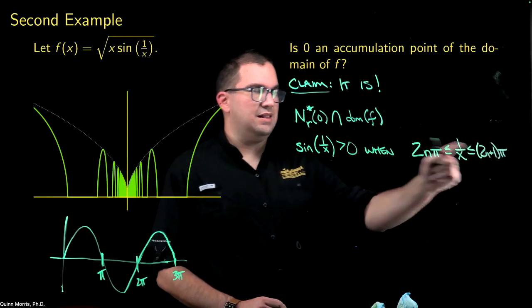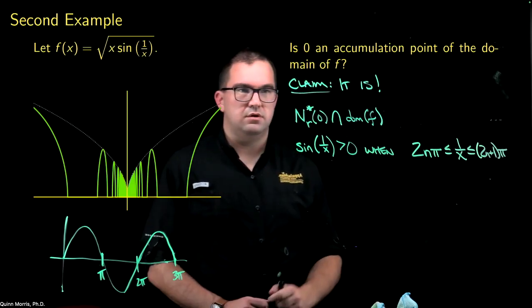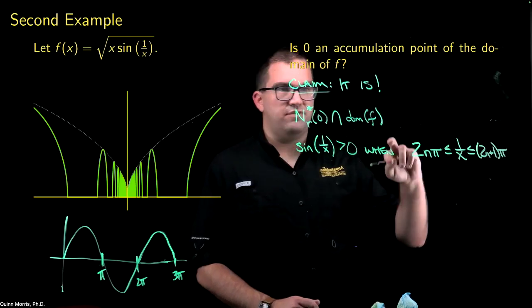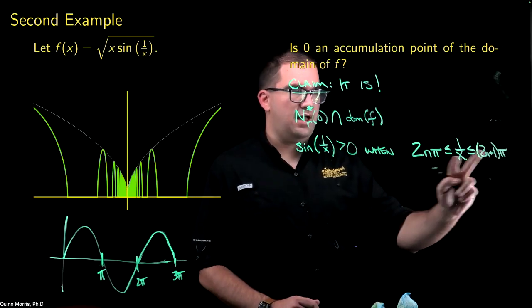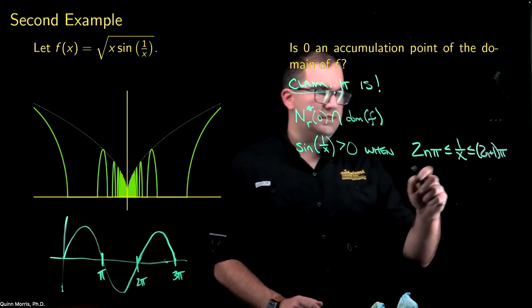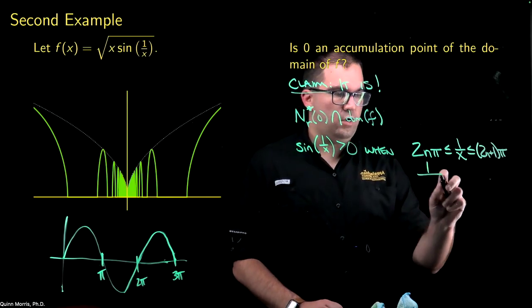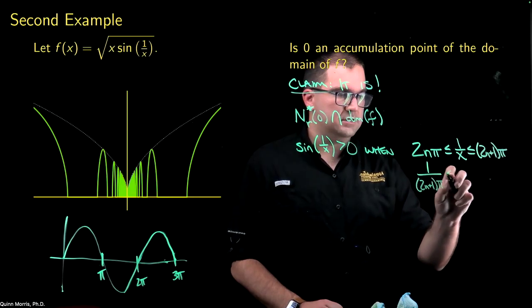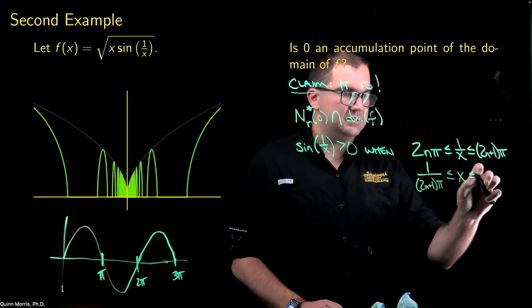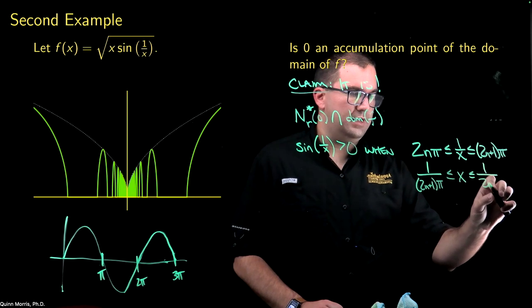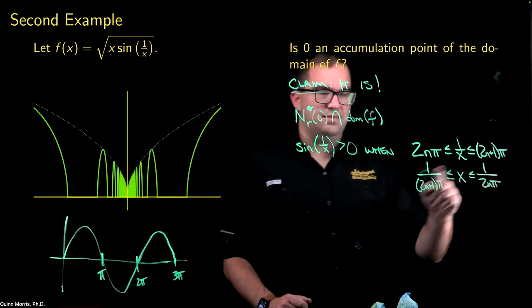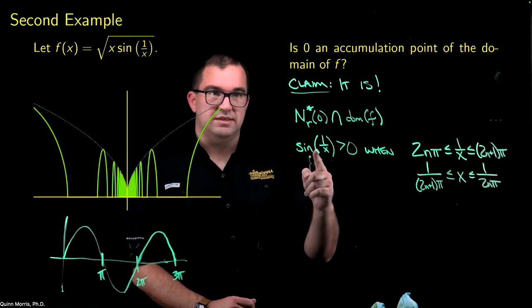So for any little n for which this holds, that will work. And I can solve this for x. If I take the reciprocal of all of these, I have to flip the inequalities. So I actually get that 1 over (2n plus 1) pi is less than or equal to x, which is less than or equal to 1 over 2n pi. Okay. So for x values in this range, this will be positive.